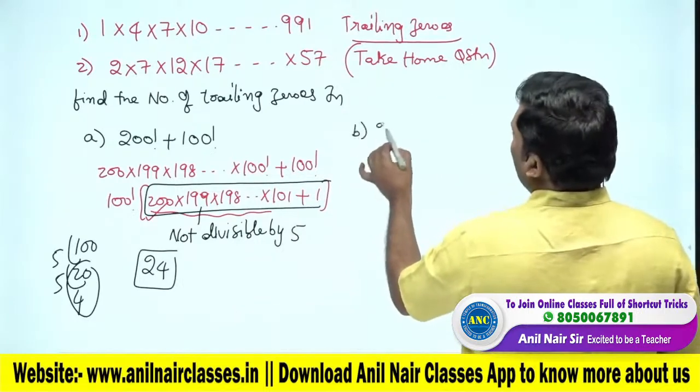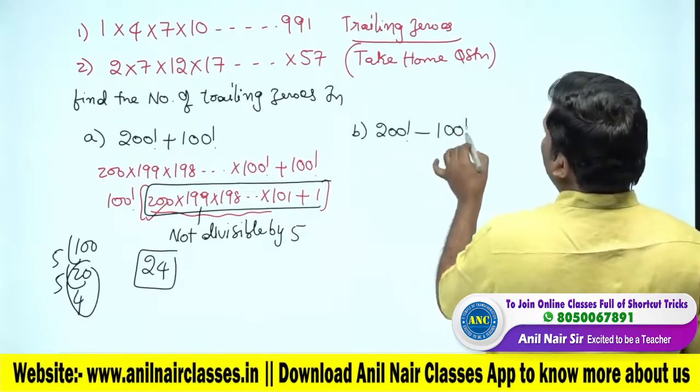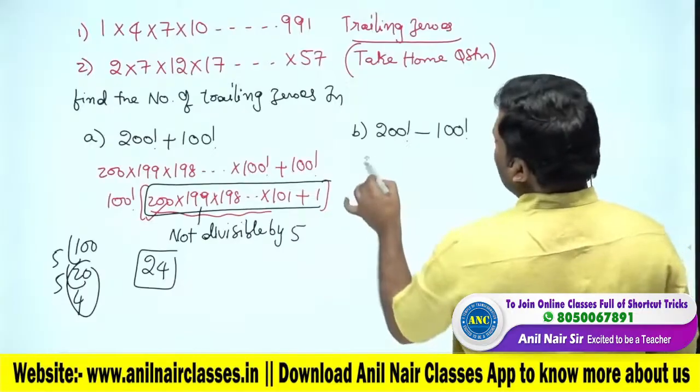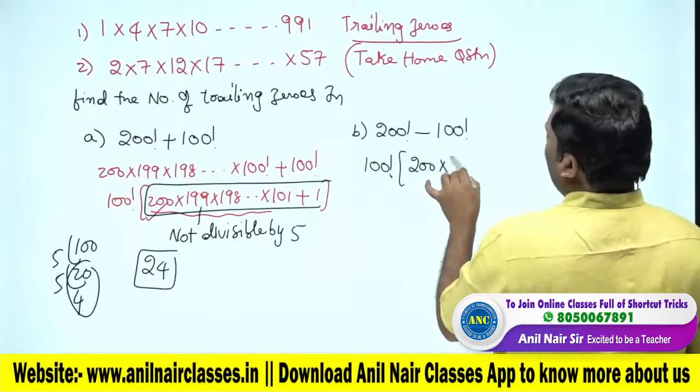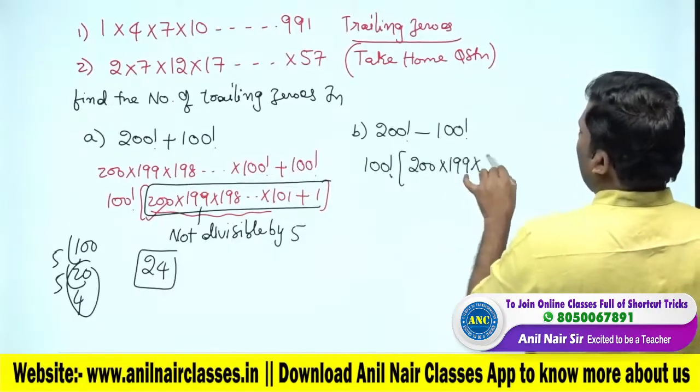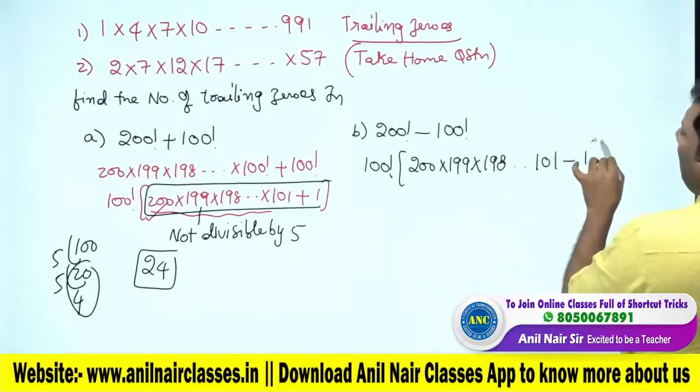Even if the same question is like this, 200 factorial minus 100 factorial, this is nothing but 100 factorial into a bracket. This will be 200, 199, 198 and so on up to 101, minus 1.